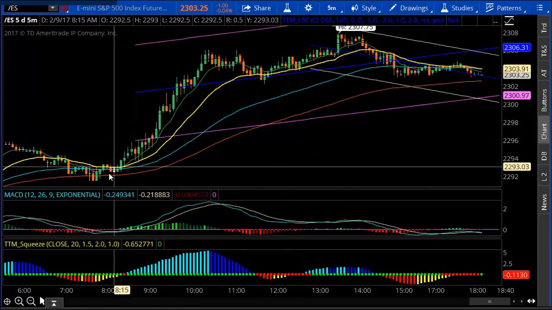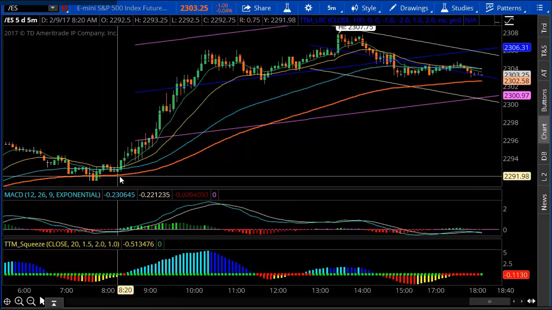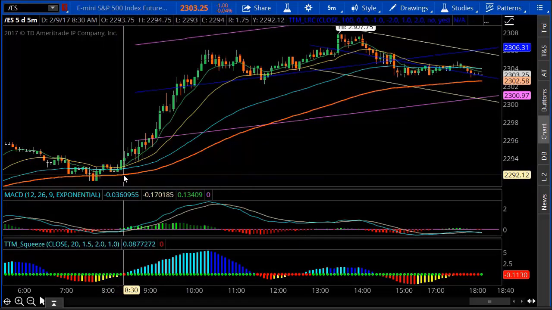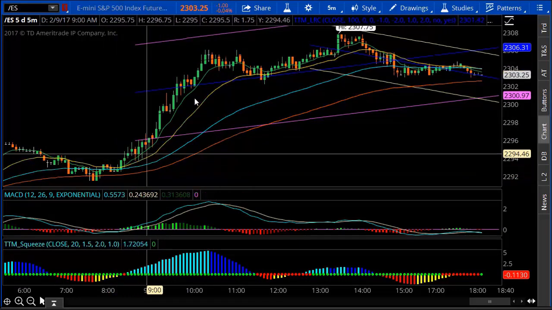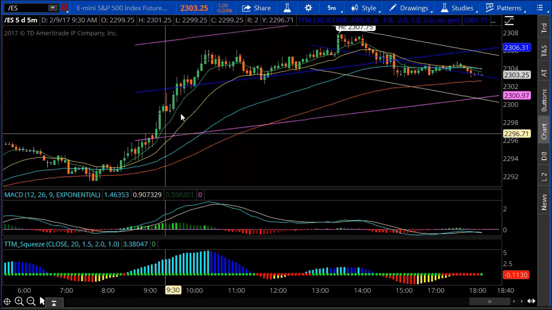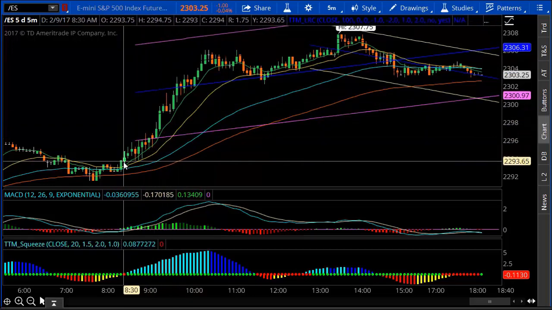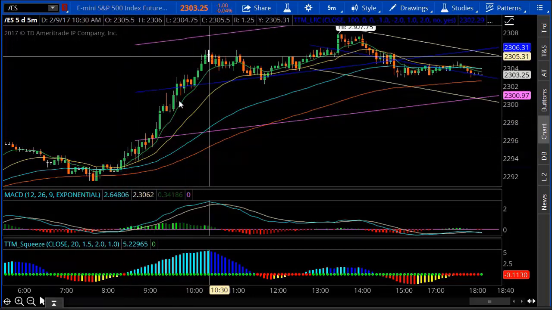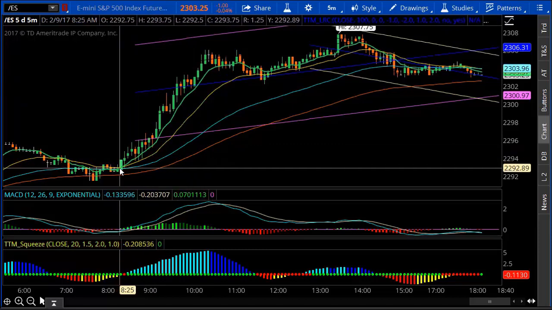Now this is a 5-minute chart. Here's the market. It opens up this morning, and then we see this huge move. It runs away from you, and we run here from the 2293 level. Where was it on the open?